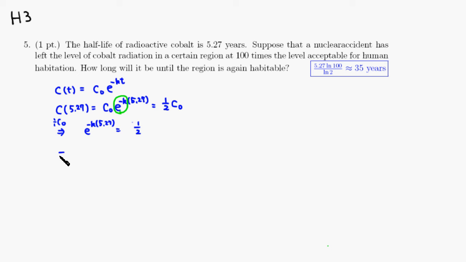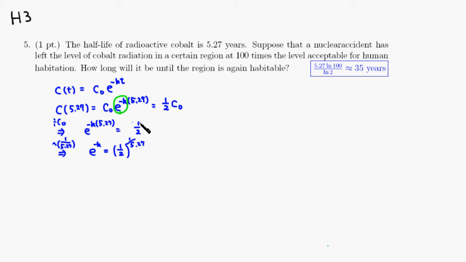Then I'm going to solve for e to the negative k. I'm going to raise it to the 1 over 5.27, which will give us e to the negative k is going to be 1/2 raised to the 1 over 5.27.